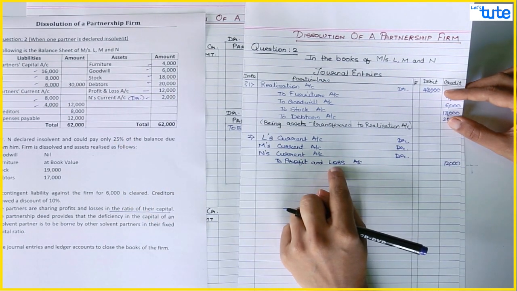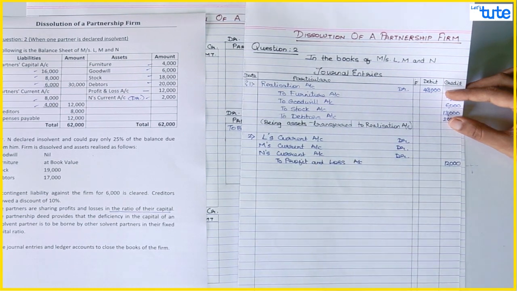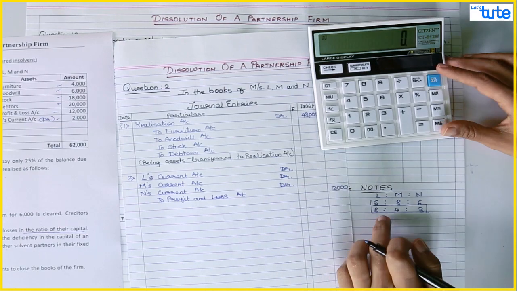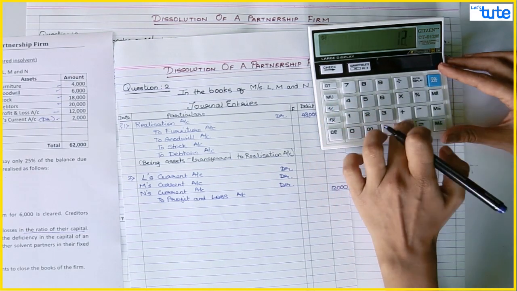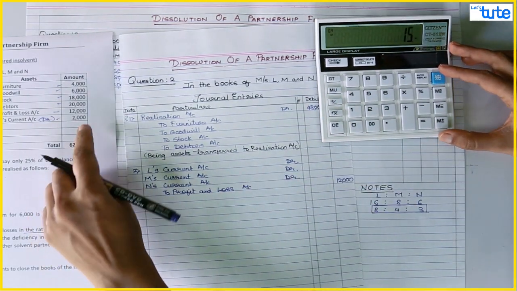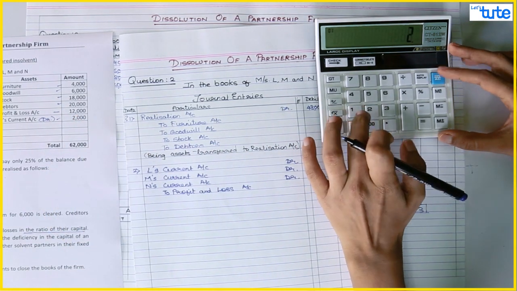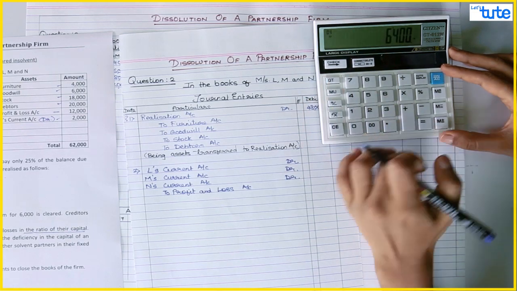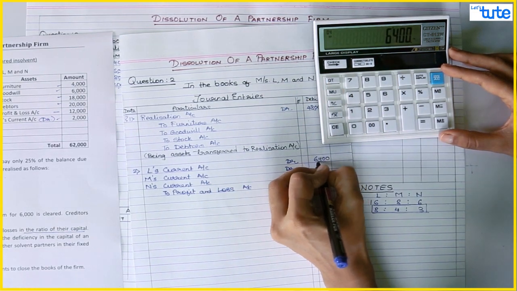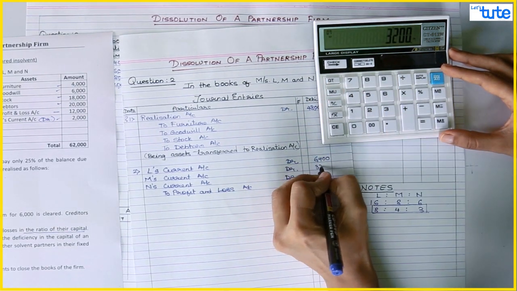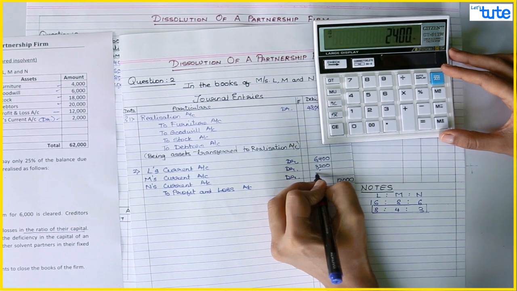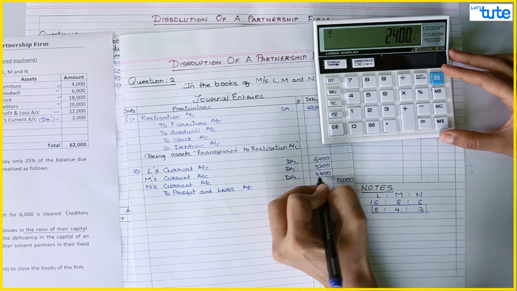So we close our P&L account and transfer between the partners in the ratio 8 is to 4 is to 3. So the total is 8 plus 4 plus 3, that is 15. So divide this 12,000 by 15 into 8 equals 6,400, 4 equals 3,200 and 3 equals 2,400.